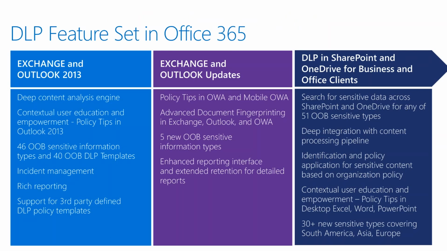DLP in SharePoint OneDrive is largely only available for SharePoint 2016 and higher, and we've got a templated set of policies and documents available in the 2016 platform that we'll quickly look at, as well as custom integration with the Office Desktop product.